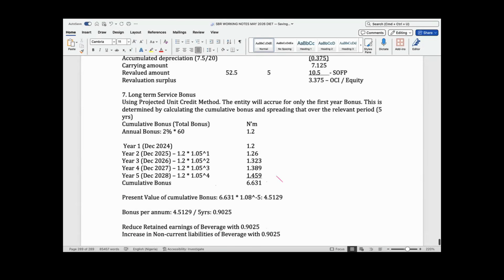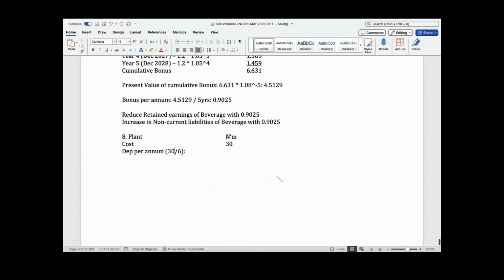What am I doing? There was a residual value of 2.1, so that divided by 6. Useful life is 6. So how much is this? 4.65. That's depreciation per annum.